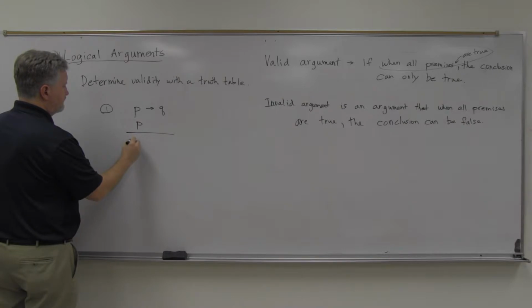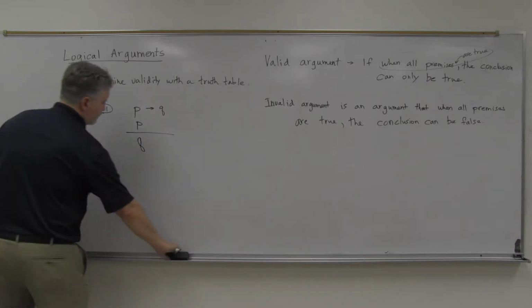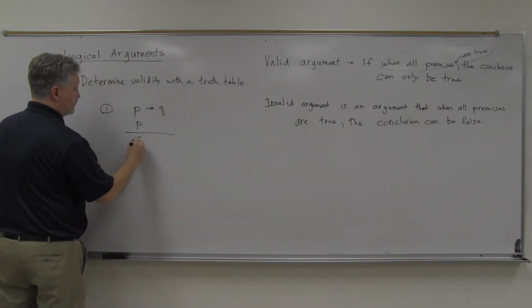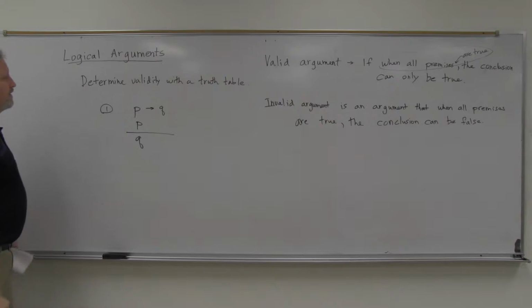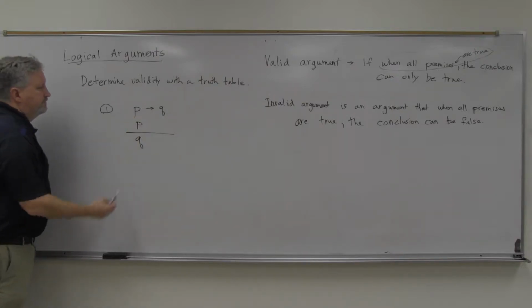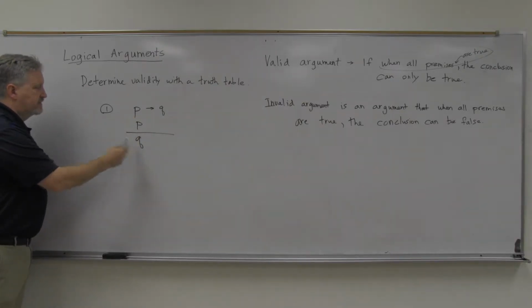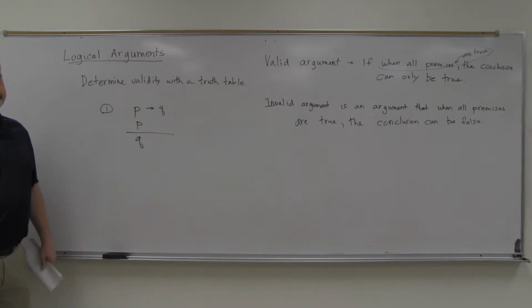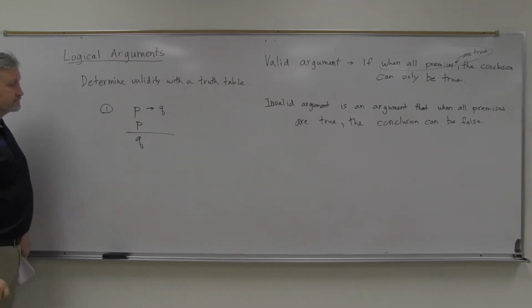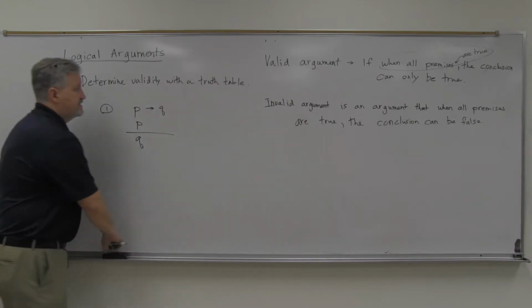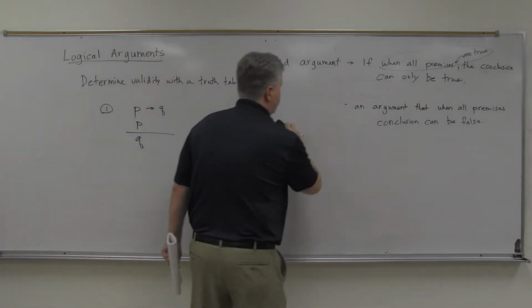And then the conclusion is Q. So if P, then Q, then just the P statement. The conclusion off of that for our argument here is Q. So the question is, is this a valid argument?